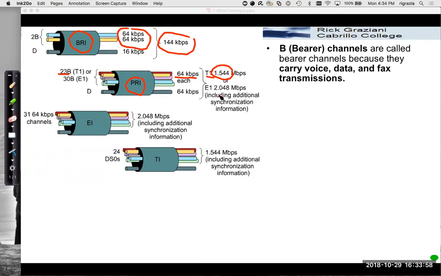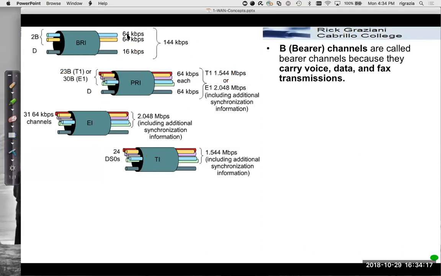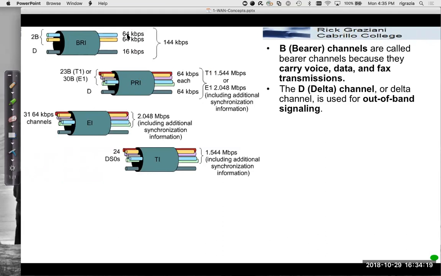T1 was the standard in the US and Canada. E1 was the standard in Europe. There's also a J1 standard in Japan. But we'll also talk about this a little bit when we get into T1 and time division multiplexing. We also had D channels, which carried the out-of-band signaling.